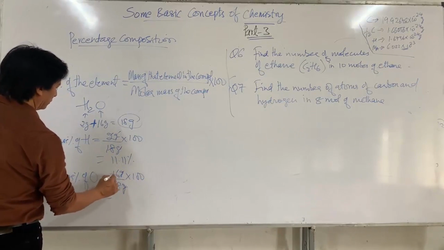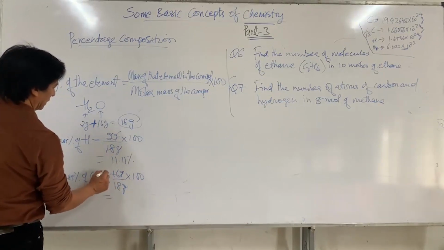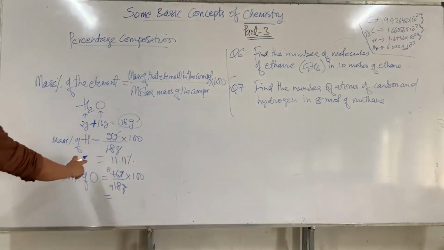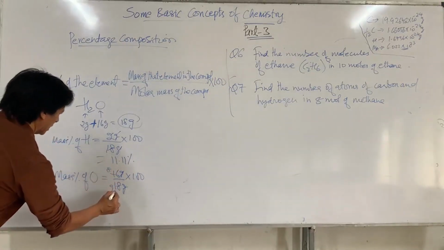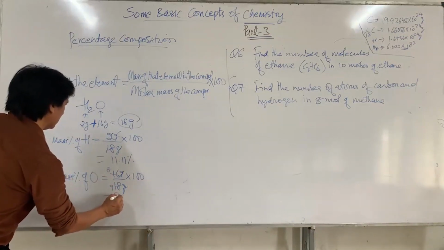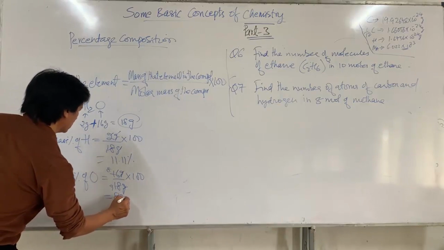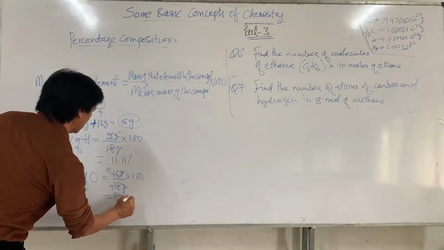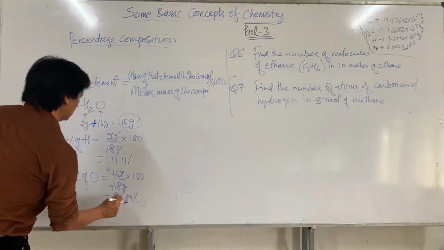This will finally give you 16 by 18, so 8 by 9. So it is finally equal to 88.89%.